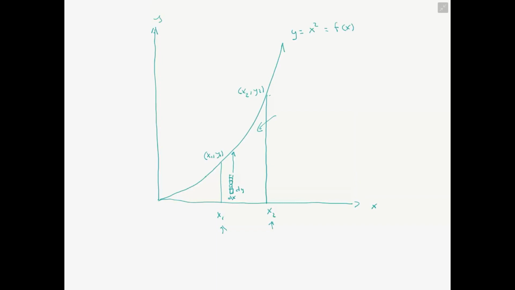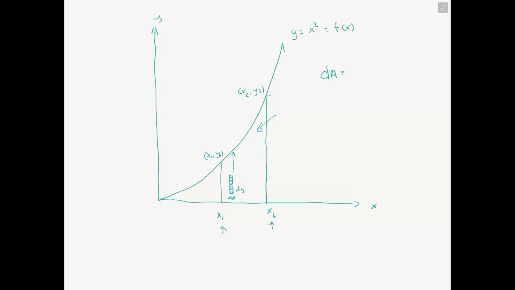And basically, because these are infinitesimally small, we have an infinite number of them. So we're adding an infinite number of infinitesimal areas.